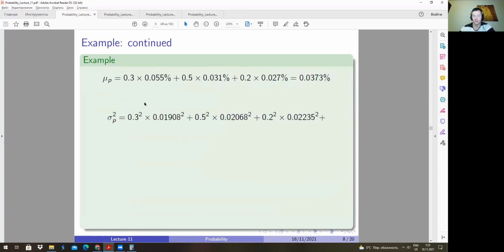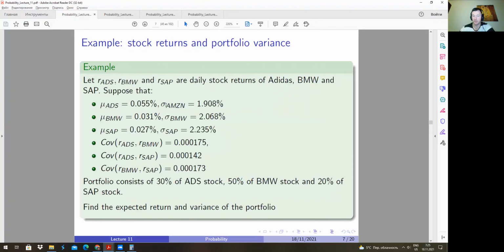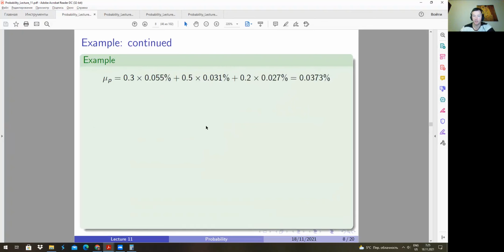So in the first line here, I take the weights squared here, here, and here. And since I'm given the standard deviations here, I need to square them in order to find the variances. So here is the variance of Adidas, here is the variance of BMW, here is the variance of SAP.